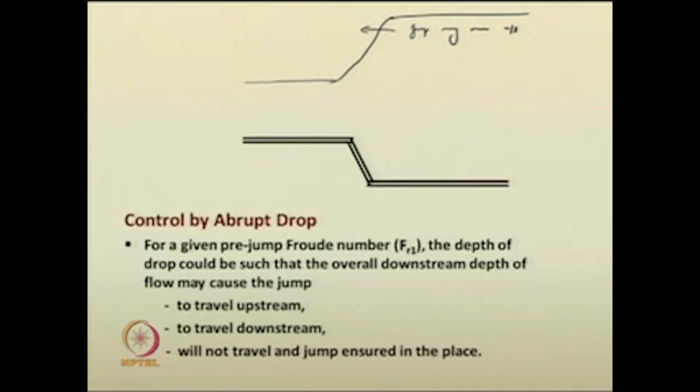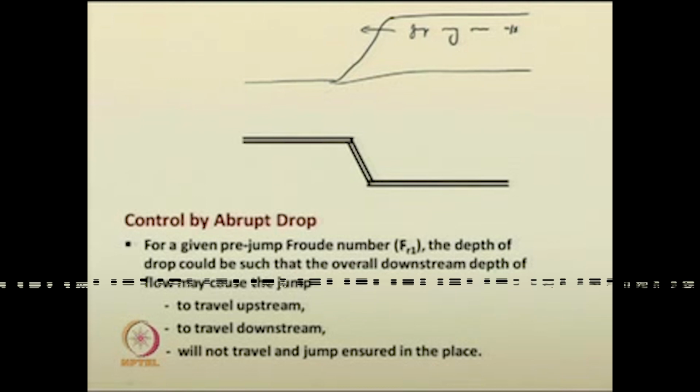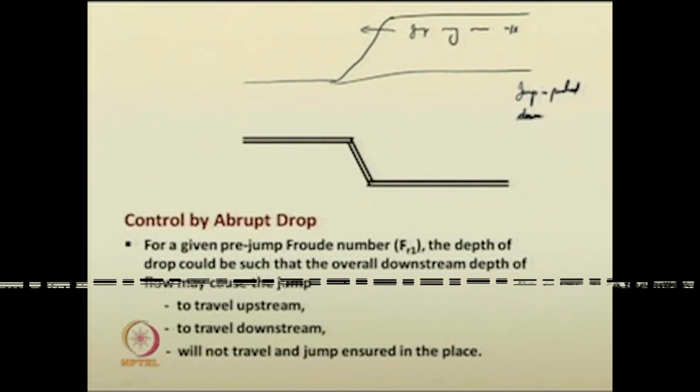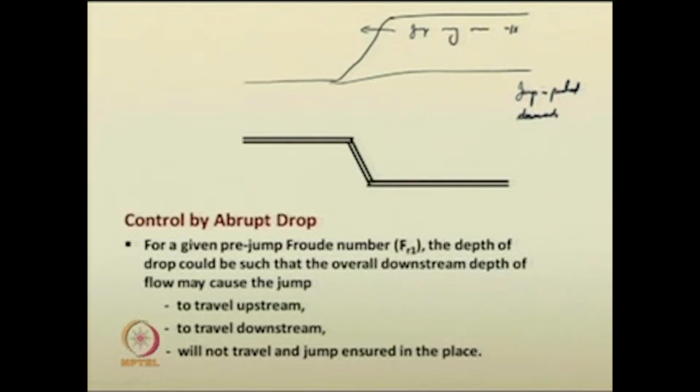Then there are certain jumps where the jump may be like this. When you have provided such a drop, the jump may have just occurred like this. So, here the jump is pushed downwards. Here the jump may travel upstream.